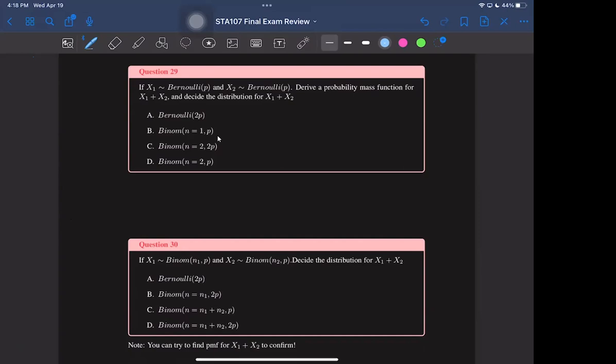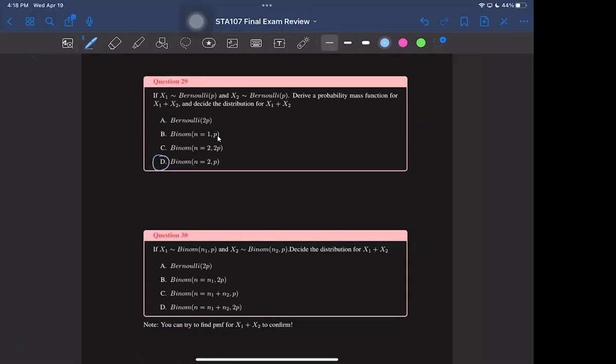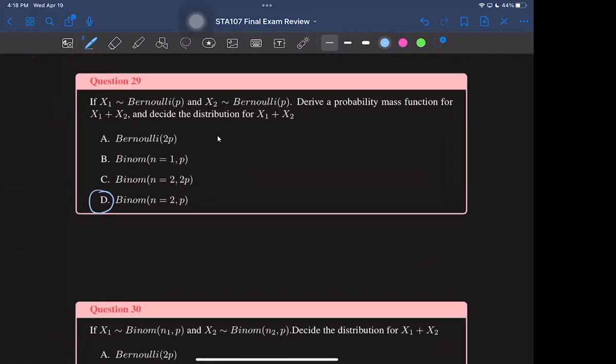Okay, so among all the people that voted, you got the correct answer, which is D. Let's see why is that.